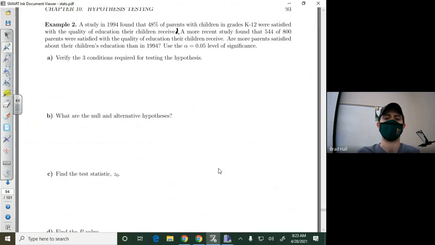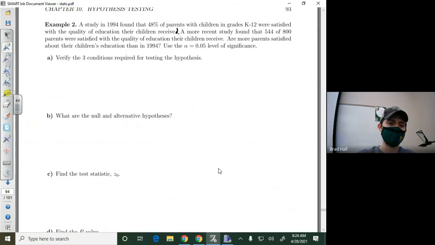So it was 48% before, and now it's 544 out of 800. And then what this asks us: are parents more satisfied about their children's education now than back in 1994? And then they tell us to use the 0.05 level of significance. So again, they gave us alpha as well.